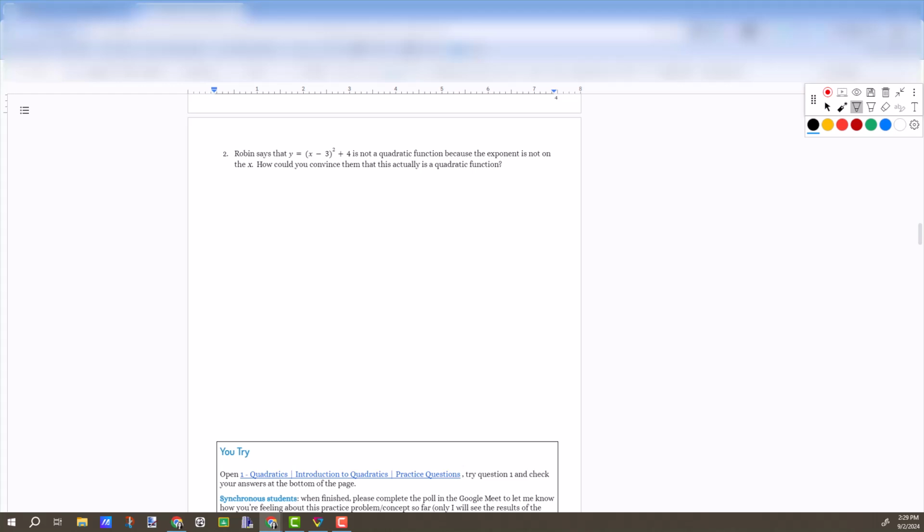So let's start by saying y equals (x minus 3) squared plus 4, and expand that (x minus 3) squared to (x minus 3) times (x minus 3) plus 4. Well, let's FOIL that out.